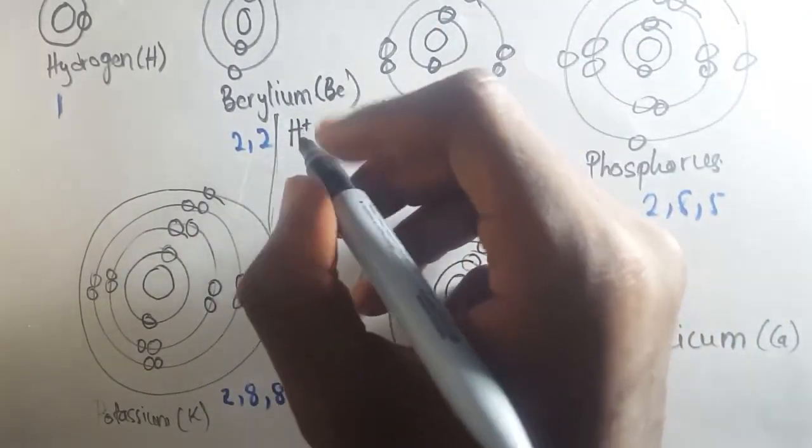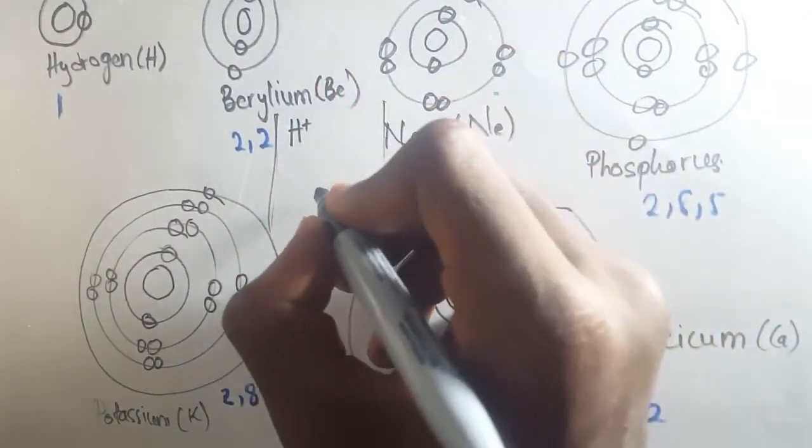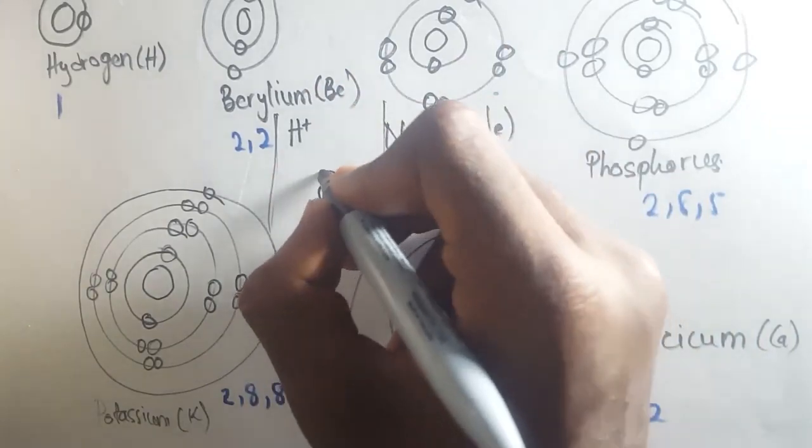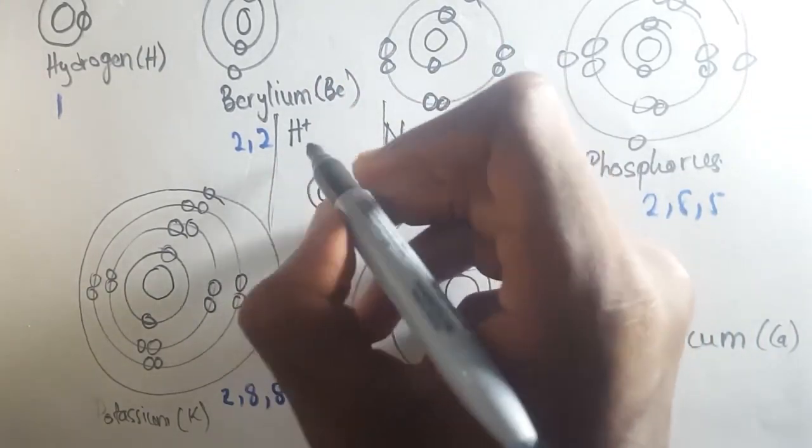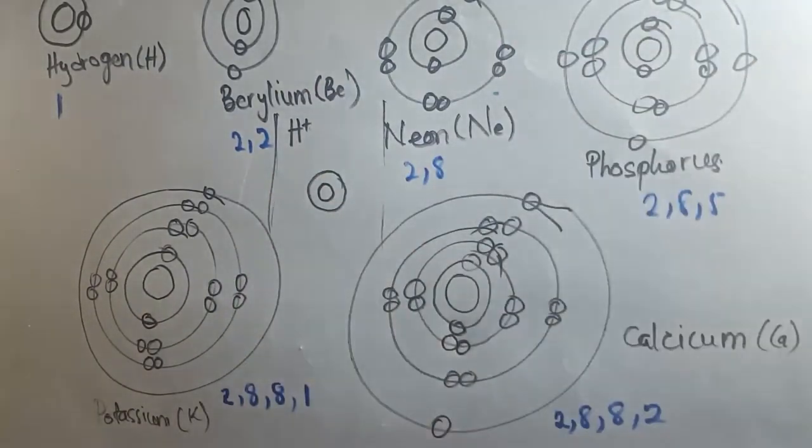Hydrogen has 1 electron on the outermost shell. So when you are drawing the electron configuration for H+, you are going to have no electron. Why? Because the electron has been lost. So you can apply the same for the rest. When you have an anion, it means you are going to add 1 more electron. I've already done the explanation to this, so I don't think I need to say much about it.